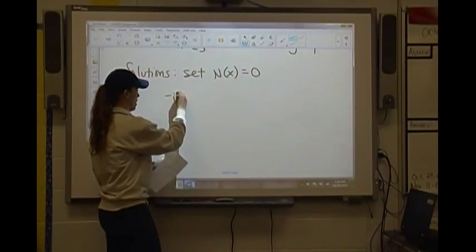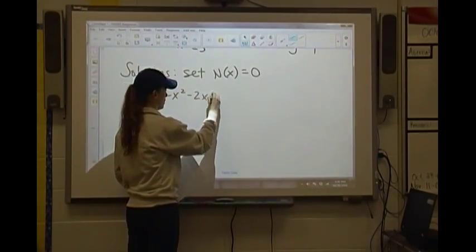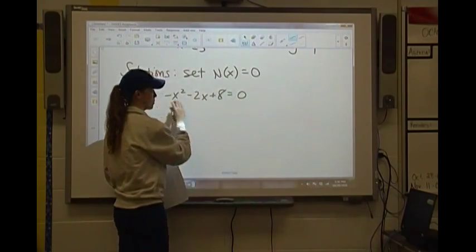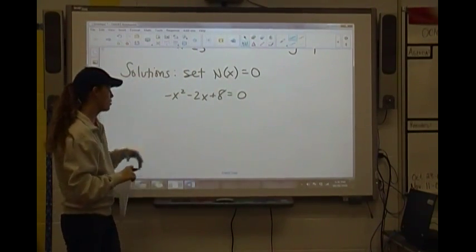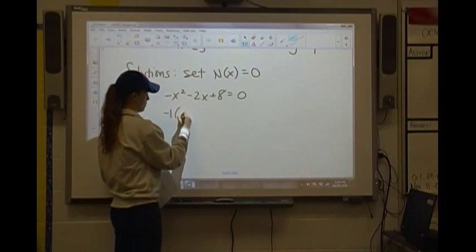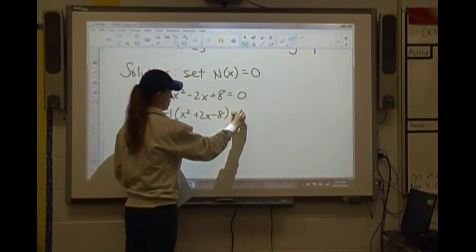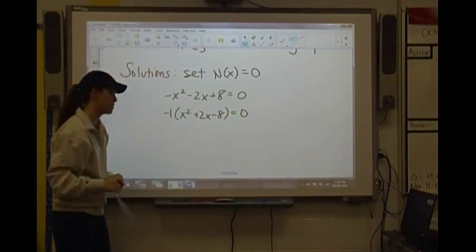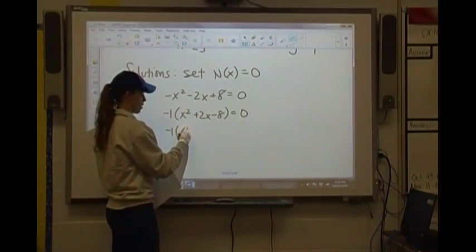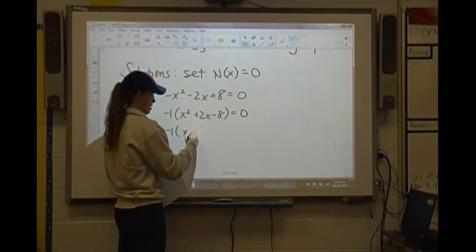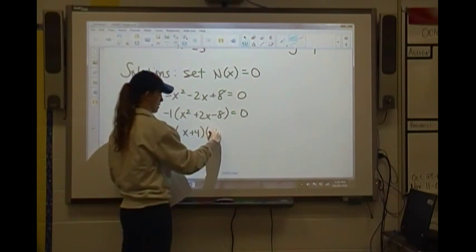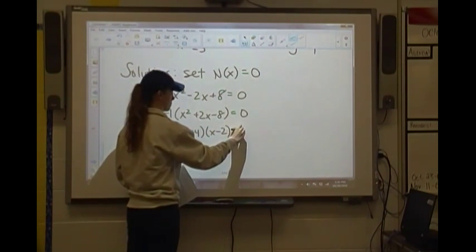We want to factor negative x squared minus 2x plus 8. First I'm going to factor out the GCF, or that leading coefficient, to make our lives easier. So x squared plus 2x minus 8 equals 0. Two factors of negative 8 that add to give me 2 are x plus 4 and x minus 2.